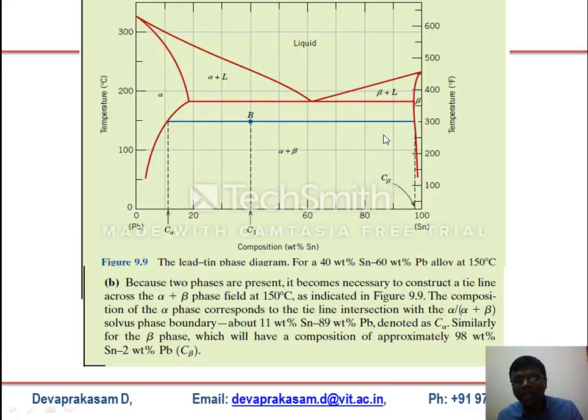That is how much weight has to be balanced when you look at this portion. So if you want to find the fraction of alpha phase, you take this length divided by the whole length, that is C beta minus C1 divided by C beta minus C alpha.